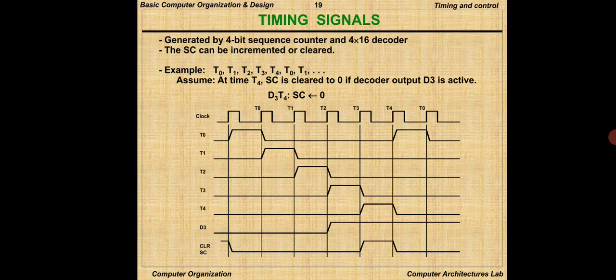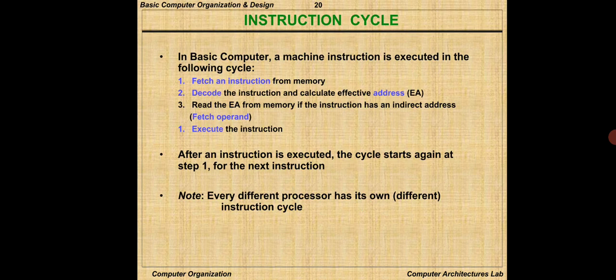I need to clear my sequence counter to 0. So this clear sequence counter, I am pushing it to high. When I push it to high, what happens? The counter value will be reset to 0. So in the next state, I will not be getting the T5 state, I will be getting the T0 state. So this is for one basic operation, how we are going to draw this timing diagram. Okay.